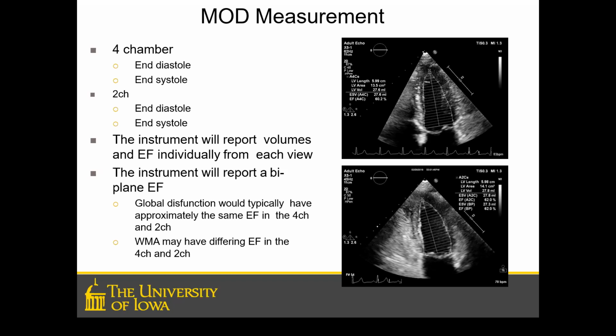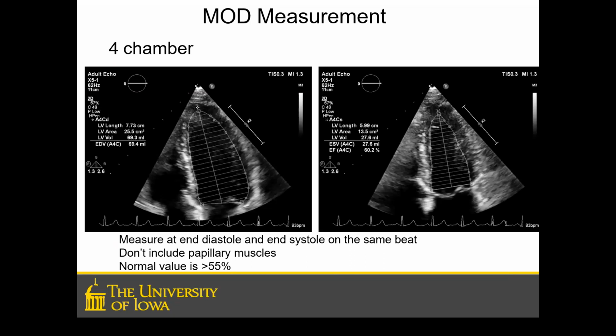If it looks like the patient has global dysfunction, then yes, the 4-chamber and the 2-chamber EF should be roughly the same. But if they have wall motion abnormalities that are regional, then of course, those are not going to be the same. So you just have to kind of think about it, and the numbers should make sense for what you're subjectively seeing.